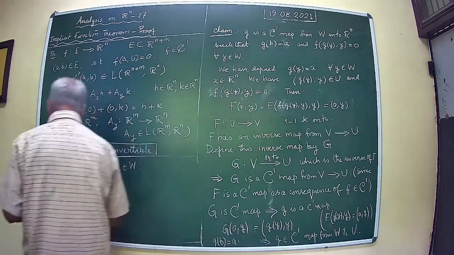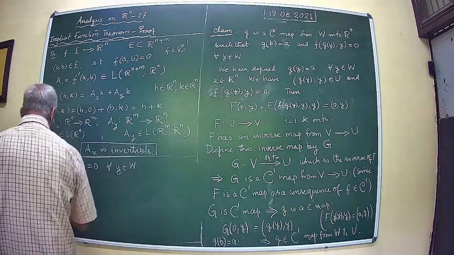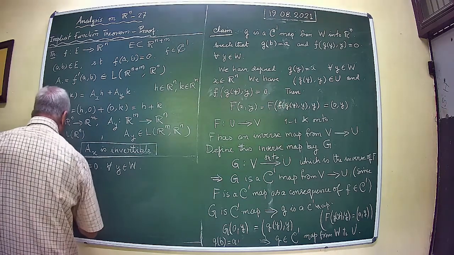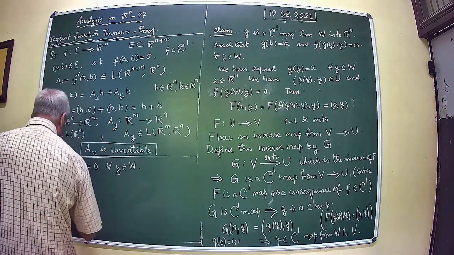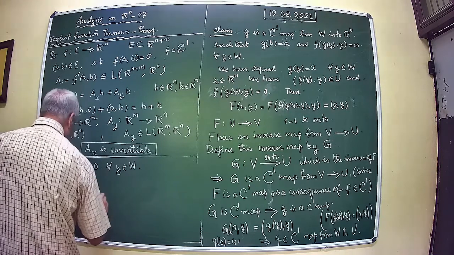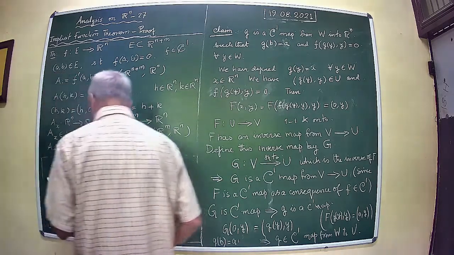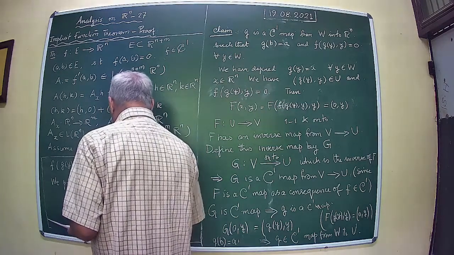Now we prove that G derivative at B is equal to minus AX inverse A1.